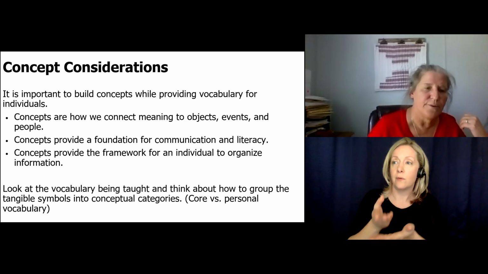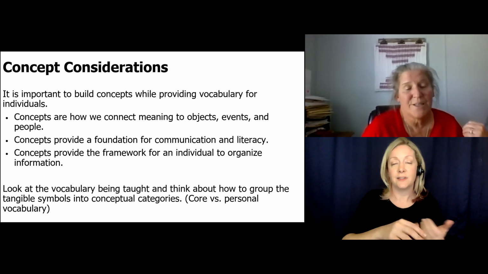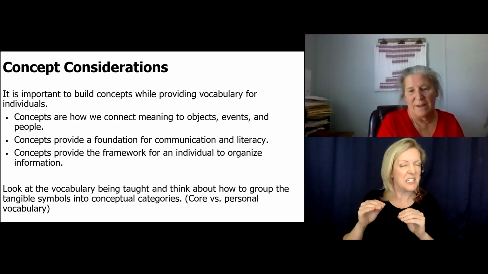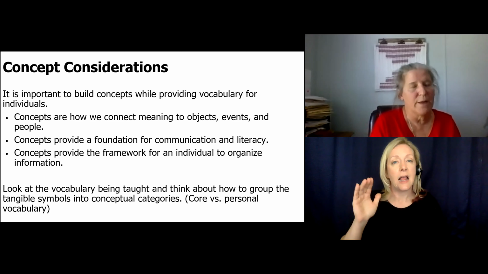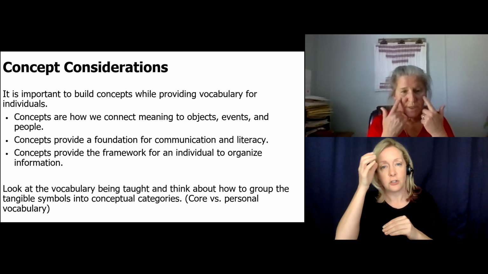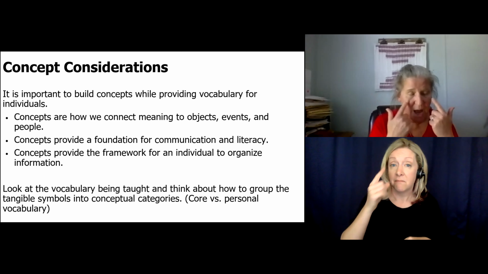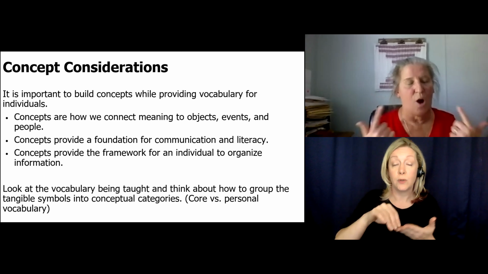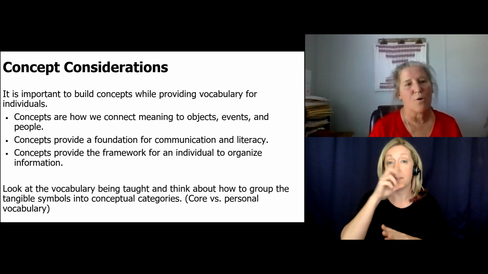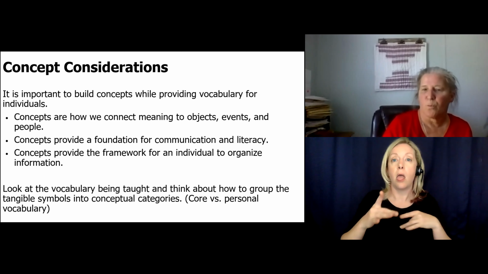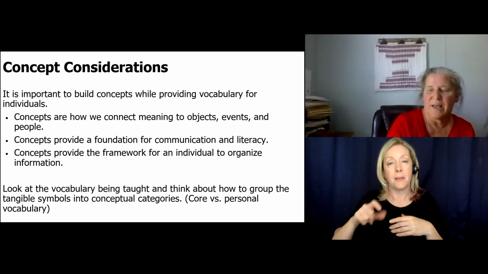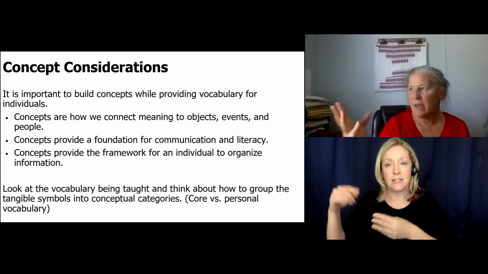And we don't teach that way. We teach more about skills than we do about concepts. But especially our learners that are blind, they don't hit all those concepts that we learn without anyone teaching us. So we want to make sure that we're really thinking about the concepts and how we connect those concepts.